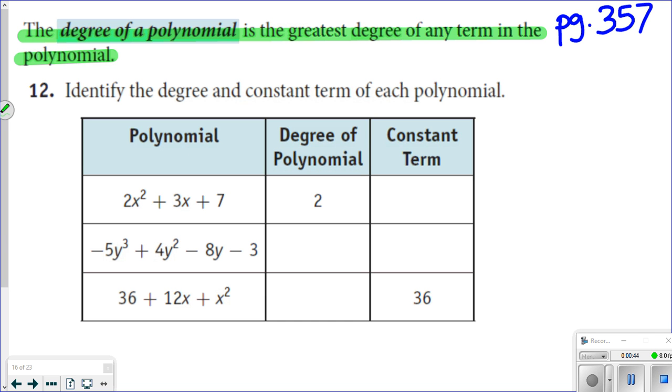So if we're looking at question 12, we have a table here, and we need to identify the degree and the constant term of each polynomial listed.